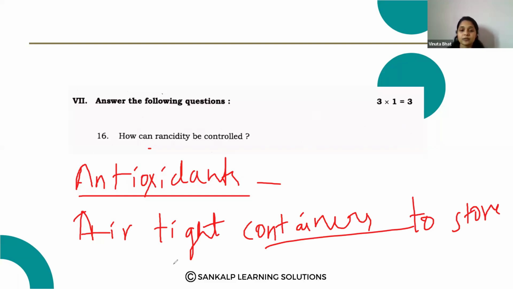So by using airtight containers for storage and by using antioxidants, we can control rancidity. Okay, please note down the answer.